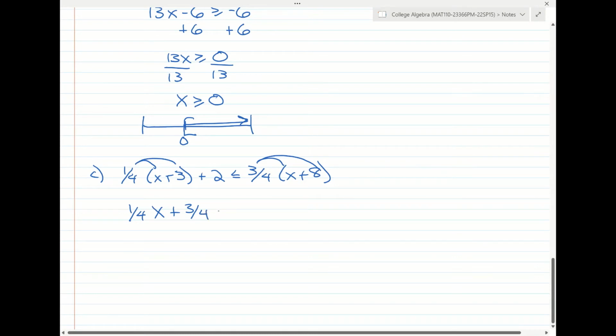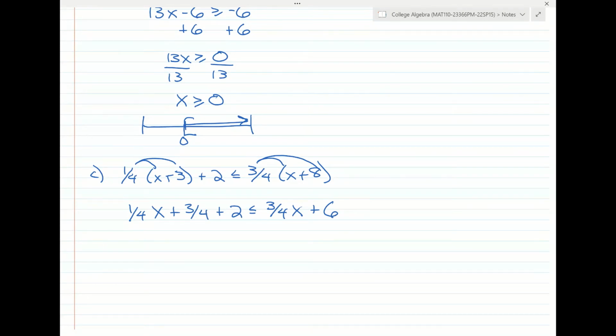I'm going to distribute the 1/4. Distribute the 3/4. We wind up with a problem where there's fractions.